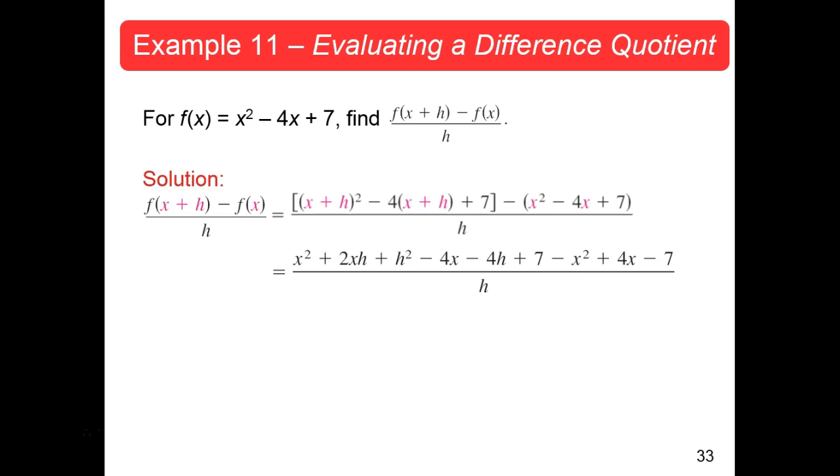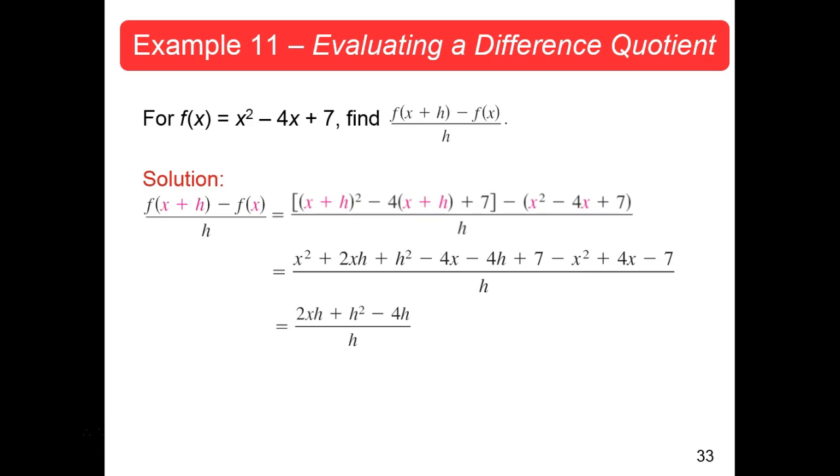And then they, like you, will eliminate 0 terms, okay? X squared minus x squared goes to 0. 4x minus 4x goes to 0. Plus 7 minus 7 goes to 0. What do you have left? 2xh. They did xh, we did hx, doesn't matter. Minus h squared minus 4h. That's all that's left. Everything else added away to 0.